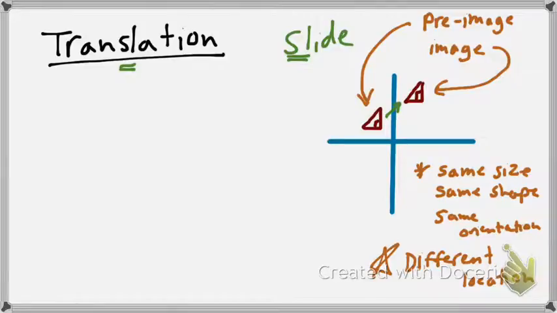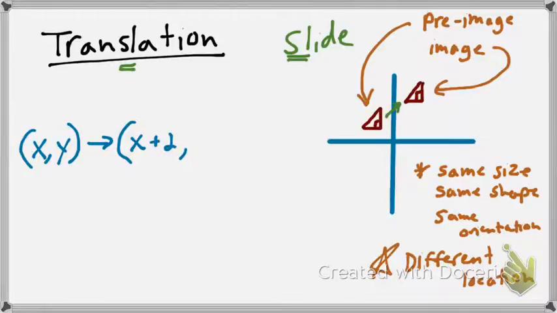The algebraic representation is where they say something along the lines of, for a translation, if you have x and y, we're going to transform that point by saying x plus 2 and y minus 3. Well, the x coordinate deals with left and right movement, correct?